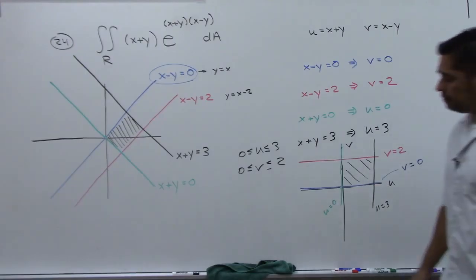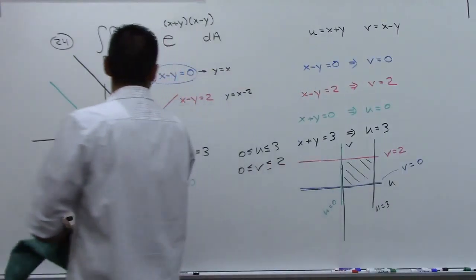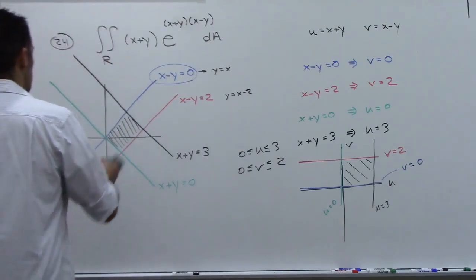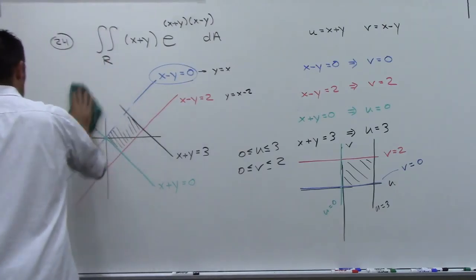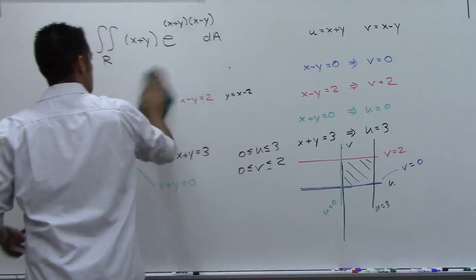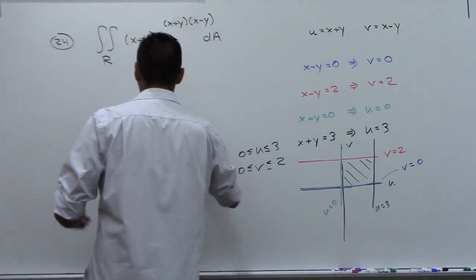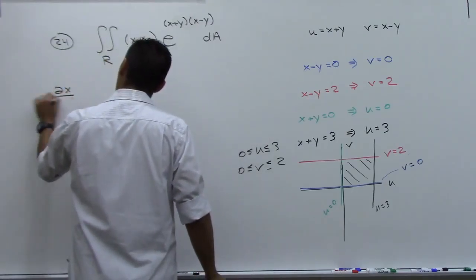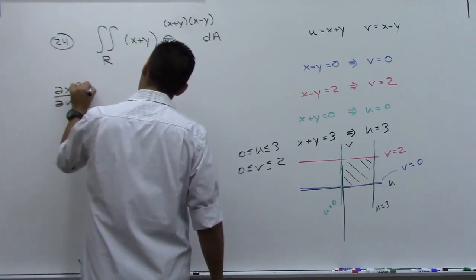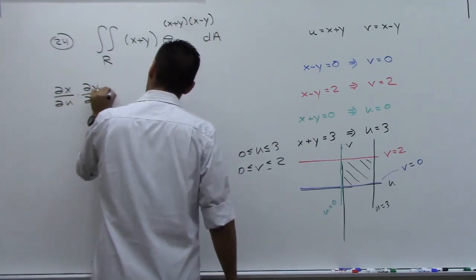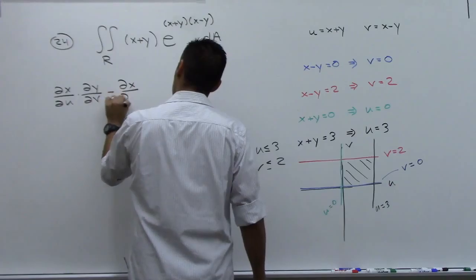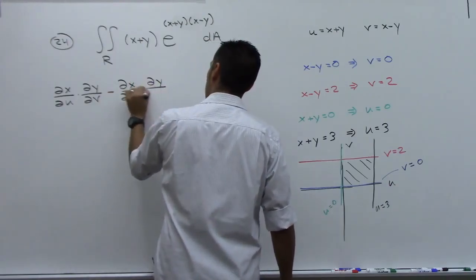So now we need our Jacobian. To get our Jacobian, we need to be a little careful here, because the Jacobian is partial of x with respect to u times partial of y with respect to v minus partial of x with respect to v times partial of y with respect to u.